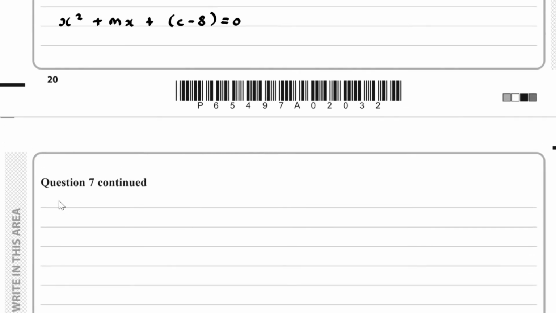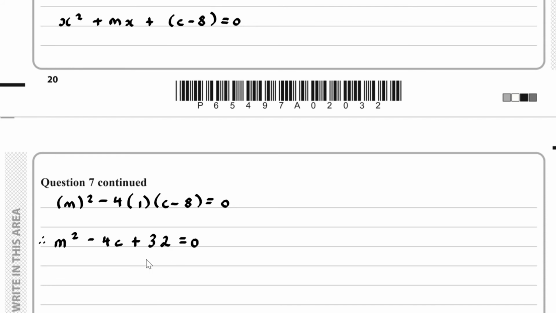So we've got m squared minus 4 times a times c equals 0, leaving us with m squared minus 4c plus 32 equals 0. And that's exactly what we wanted to show.